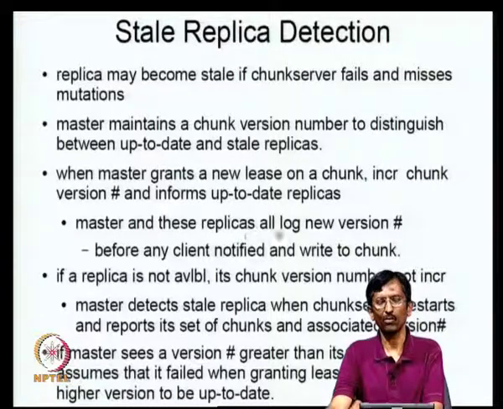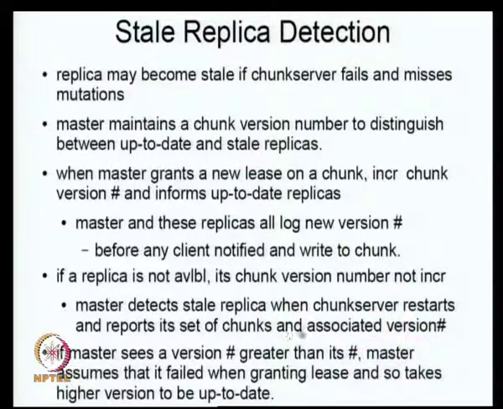The master and these replicas all log the new version number before any client is notified and writes to the chunk. If a replica is not available, its version number will not increase. So when is it not available? Because the chunk server is down. So when the chunk server restarts and reports its set of chunks and associated version numbers, the master can figure out a stale replica.